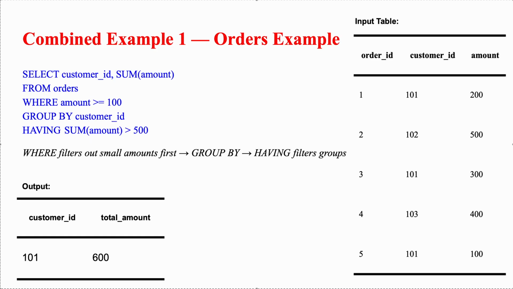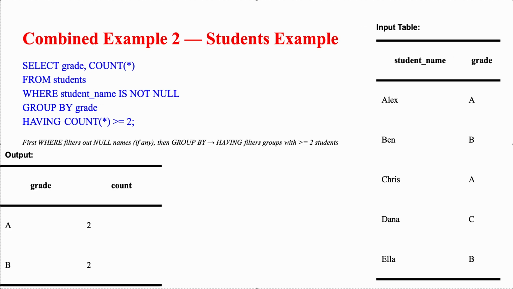Here's another example of orders. First, WHERE filters out small amounts less than 100. Then we GROUP BY customer. Finally, HAVING filters out customers whose total sales are less than or equal to 500. This is a full example of WHERE plus GROUP BY plus HAVING clause.